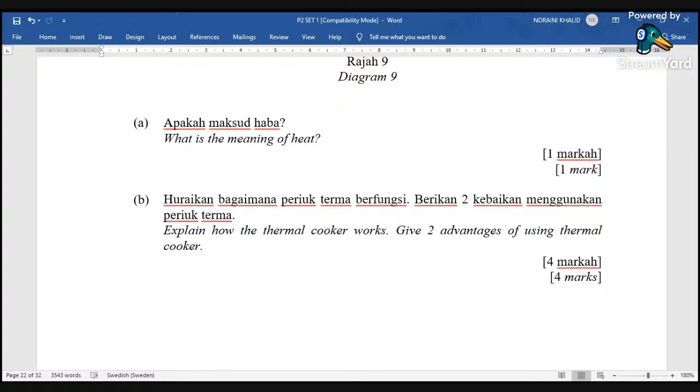But A, what is the meaning of heat? Some students get confused with temperature, so you must know the definition of heat.